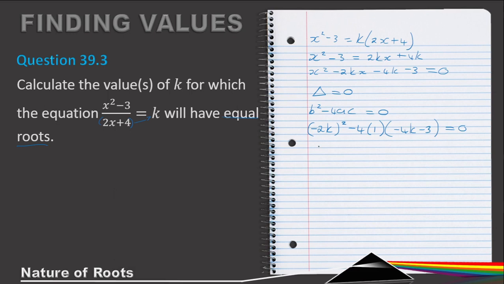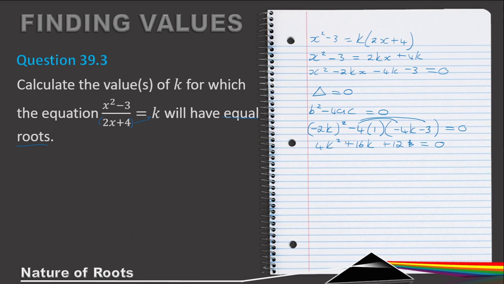And simplify, this becomes 4k squared. So here, ignore the 1, multiply in the negative 4 into these brackets, and a negative becomes a positive. So this is plus 16k, negative and negative positive, plus 12, just 12, there's no k there, equals 0.